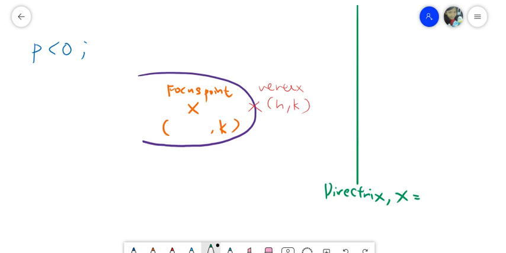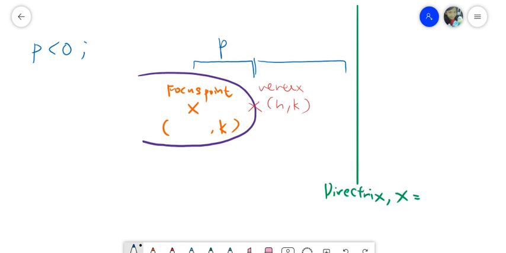Now as I just mentioned, the p-value is the common distance between the points, between the focus point and vertex.